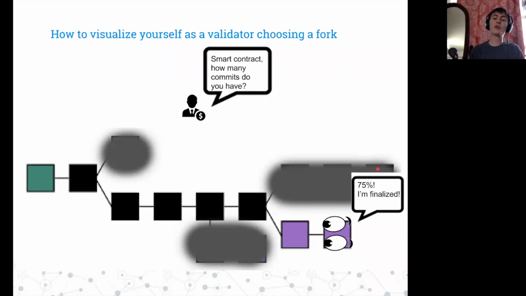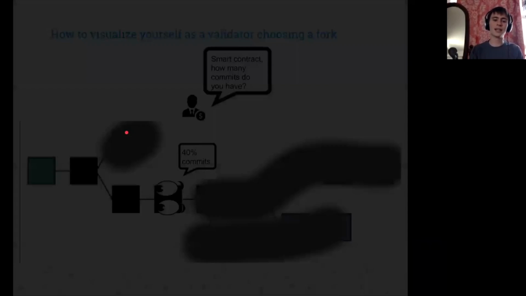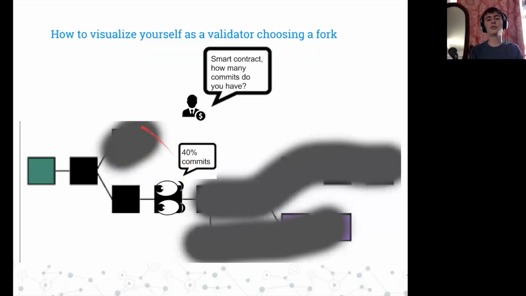However, if you ask all of them, as long as they tell you the proportion of commits that were submitted, you'll be able to make a determination. So here, 30% of the commits were submitted. And then you ask this one, 40%. Okay, this chain has 30% commits, this chain has 40% commits. I'm going to choose this one, just like we did with fork choice.